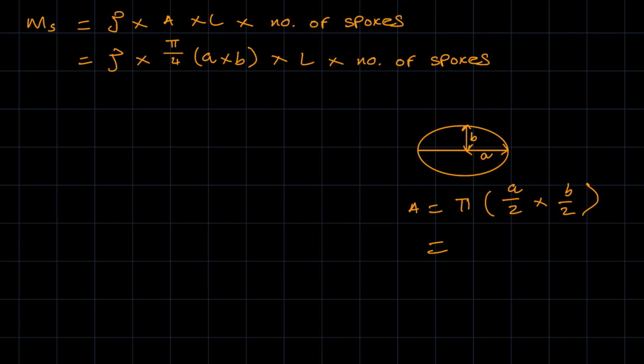And then this, of course, would be pi over 4 into A times B. That is where this formula actually comes from.